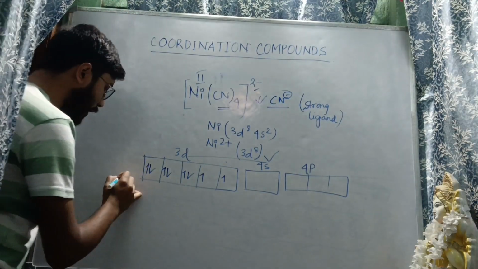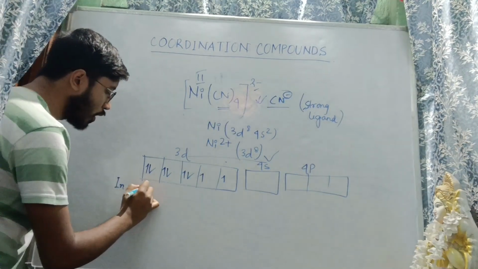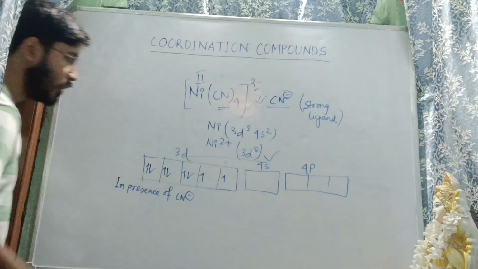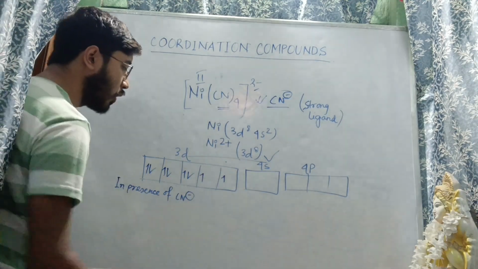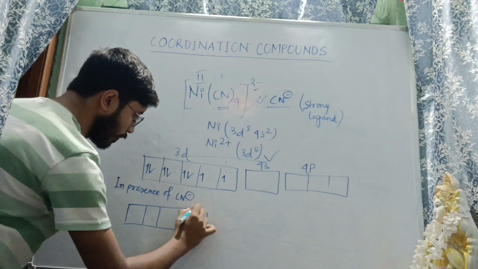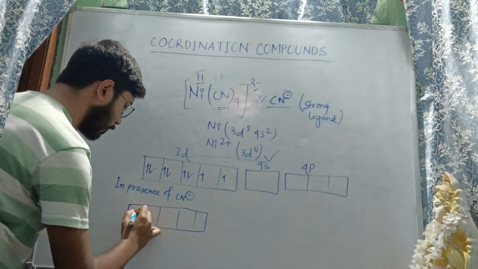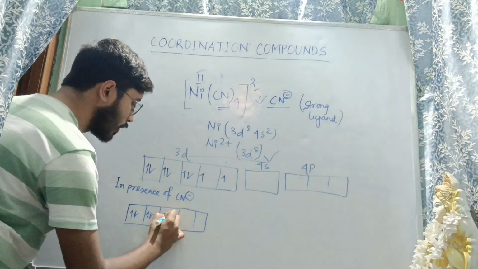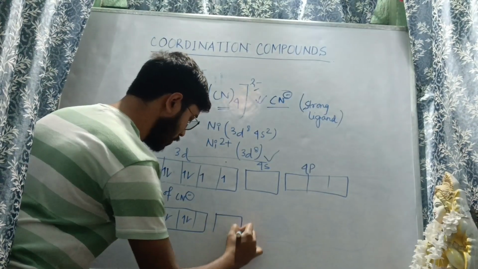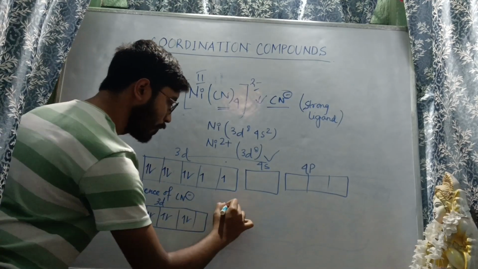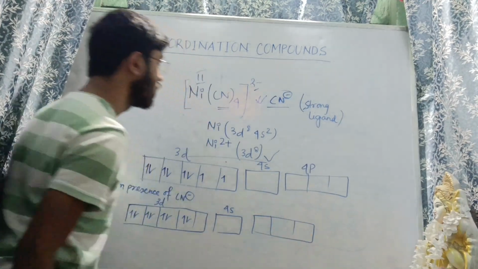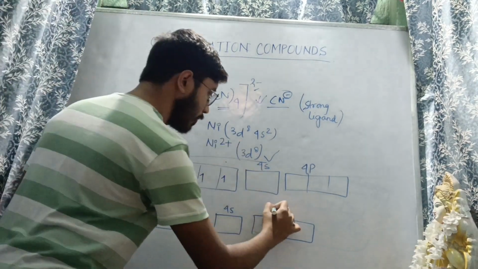So at first, in the presence of CN-, these unpaired electrons are paired up, to 4, 6 and 8. The 3d, 4s is already vacant, and 4p.